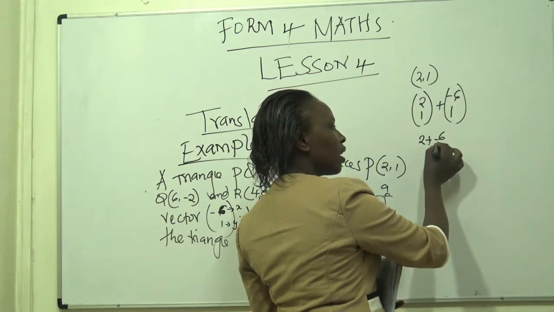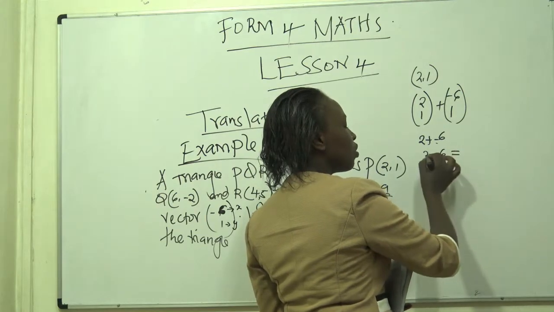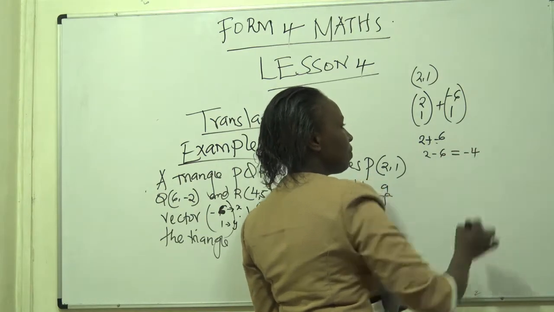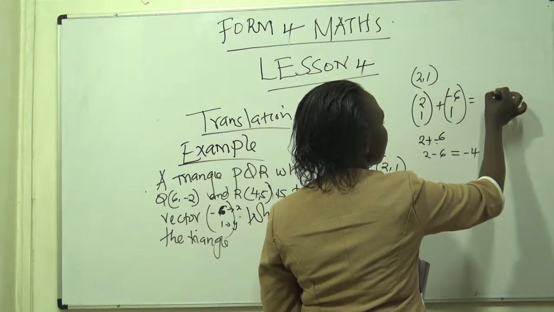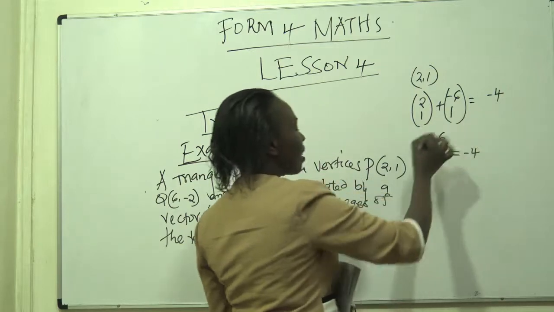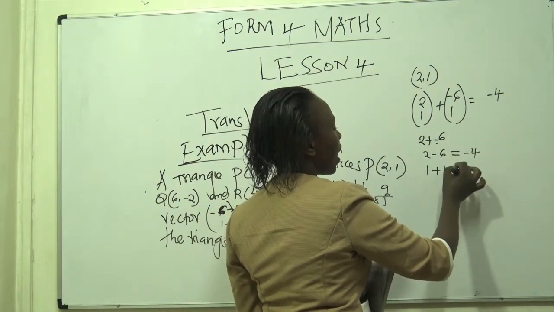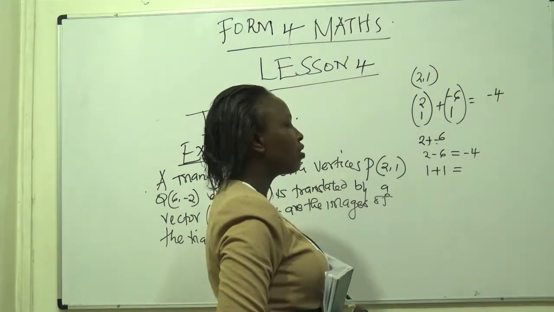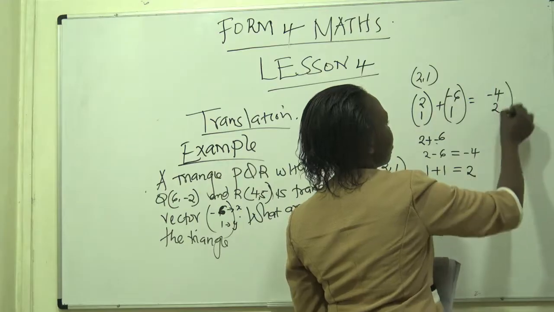Remember, positive and negative gives us negative. So 2 minus 6 gives us negative 4. And for y, you are going to have 1 plus 1, which gives us a 2.